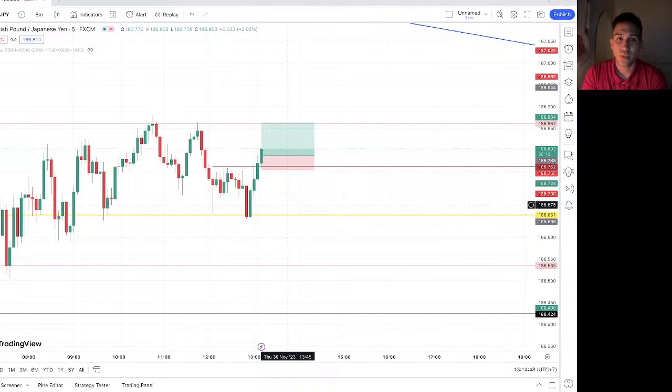But just because it's a small range to trade with, I would just wait for 4 pips and then I would move my stop loss. That's it.